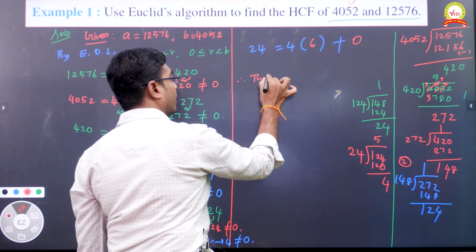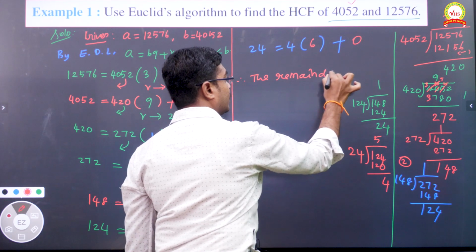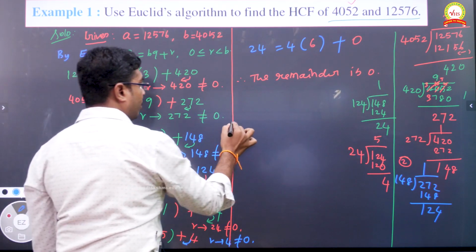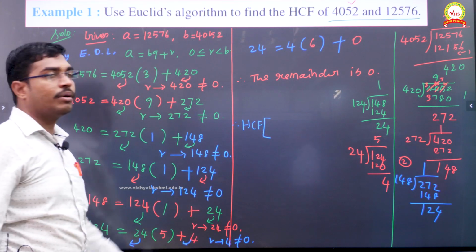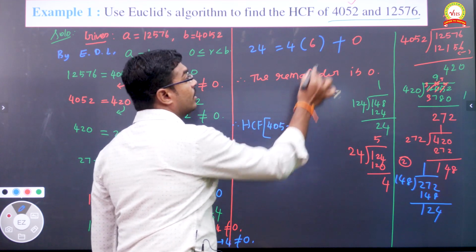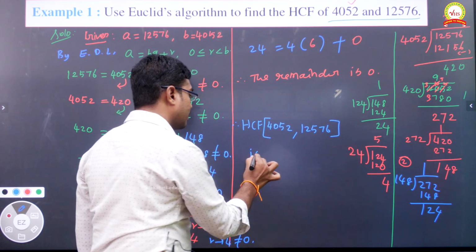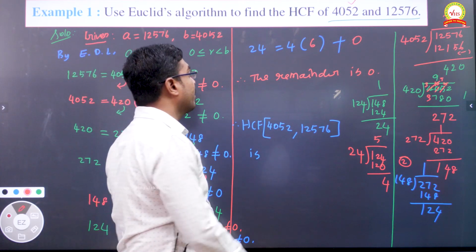Therefore the remainder is 0. Therefore, what is the HCF of the given numbers, 4052 and 12576?